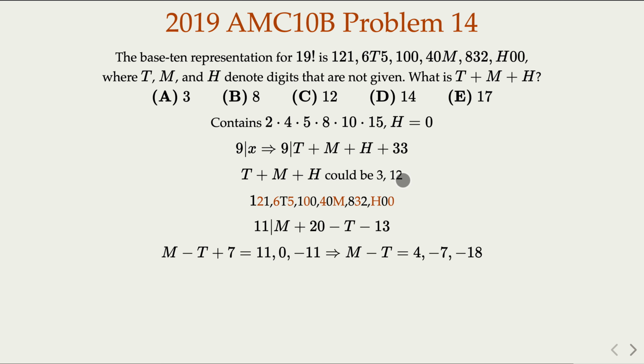So T plus M equals 12, and the difference is either 4 or negative 7. Negative 7 is impossible because the sum is an even number, and the difference must also be an even number. So the only possibility is that the difference is 4, and the digits are 8 and 4. So the sum is 12. All right, so the answer is C.